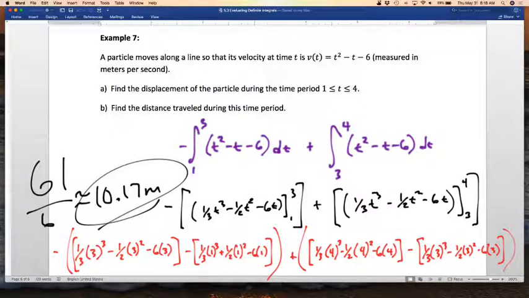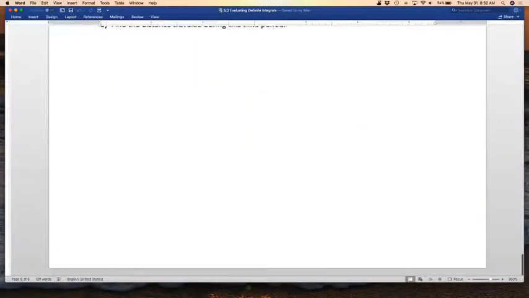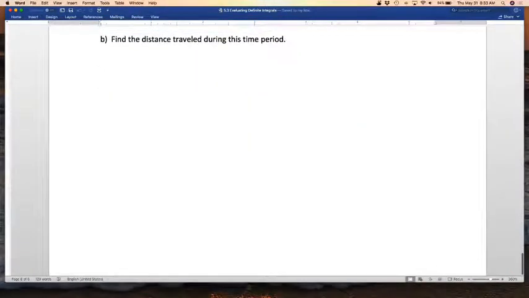Any questions on example 7? All right. So that right there covers evaluating definite integrals. We've got a little bit of time. I want to start to look at some practice problems in this, and we'll start, wrong section.